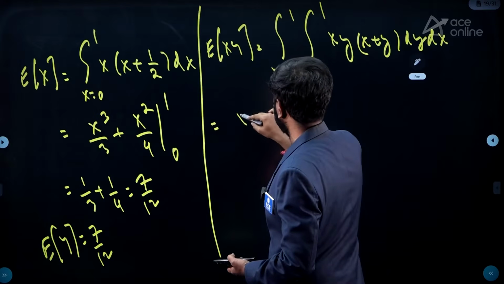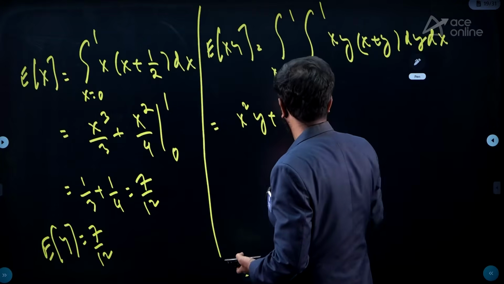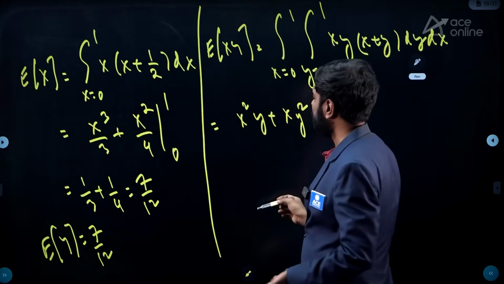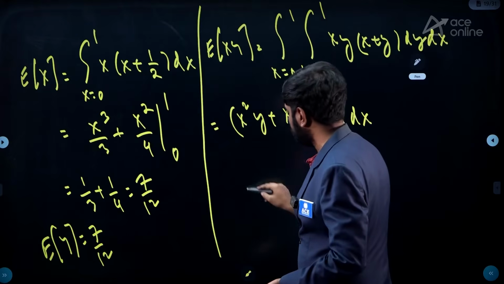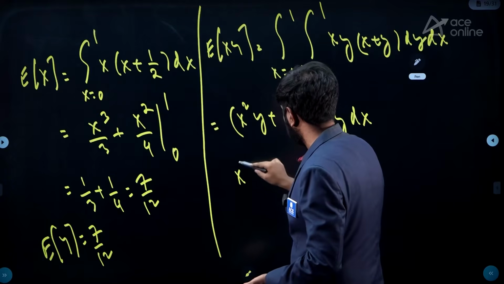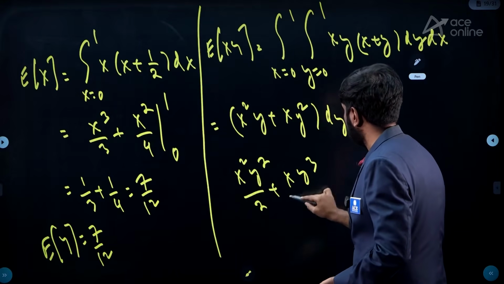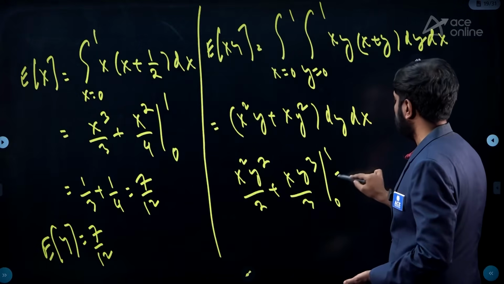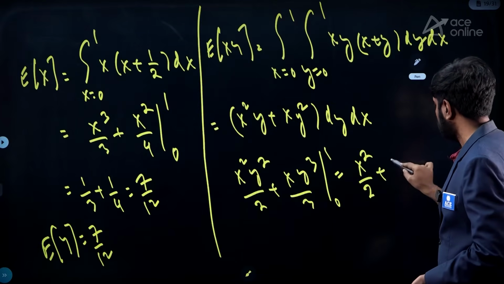The first term is x square y plus x y square, and then you have to perform the integration. So I'll write it directly. First integration is with respect to y. It is x square y square by 2 plus x y cube by 3, y from 0 to 1. If I put those limits, it will be x square by 2 plus x by 3.